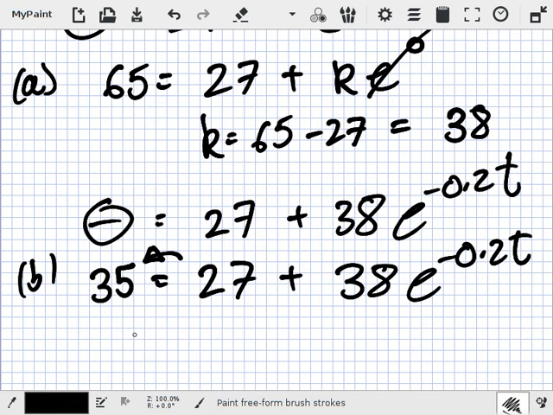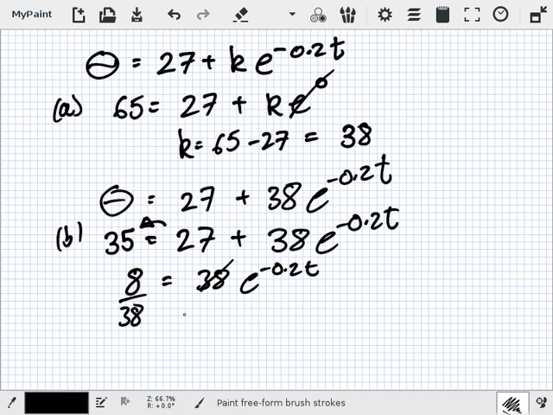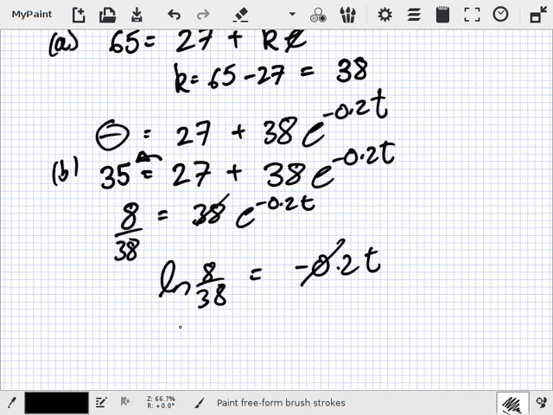So what's that, 8, isn't it? 8 equals 38 e to the minus 0.2 t. The next thing to do is to divide by 38. Then whatever 8 over 38 is, we'll take the log of it, so we can cancel the e. And then whatever the answer is on the calculator, we'll divide that answer by minus 0.2.